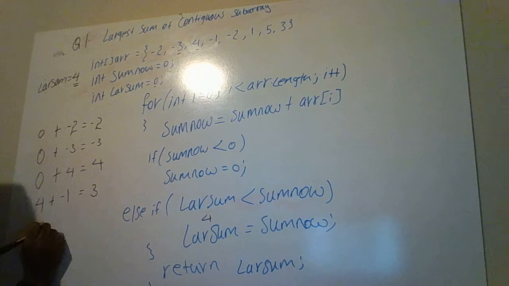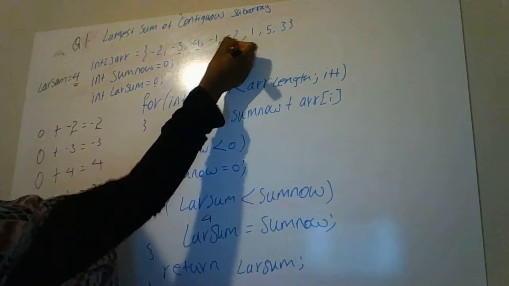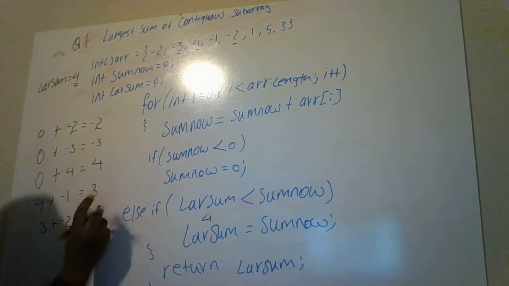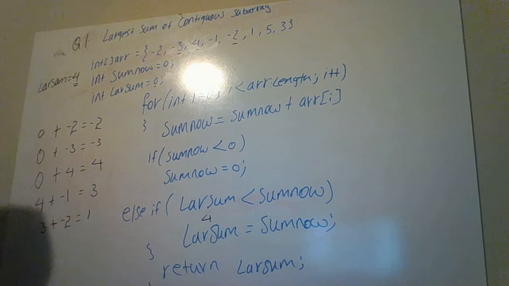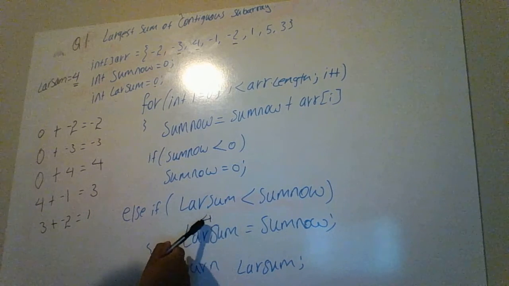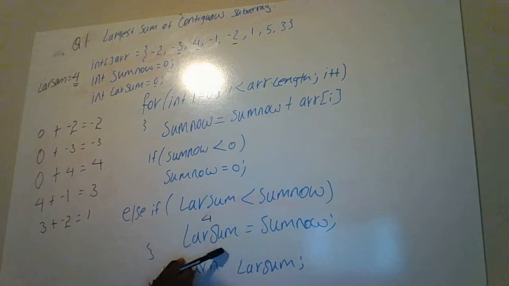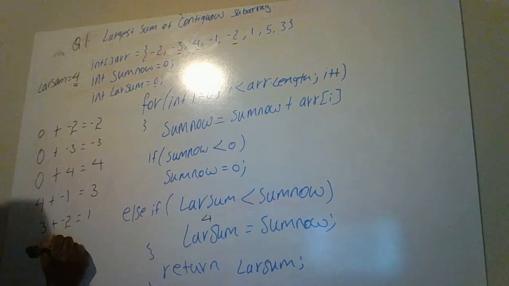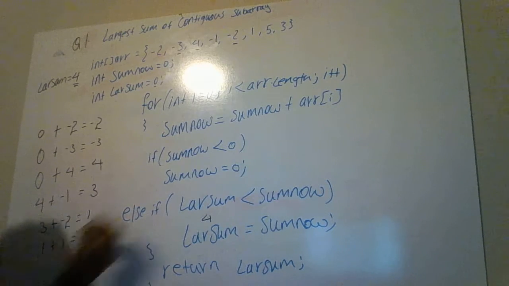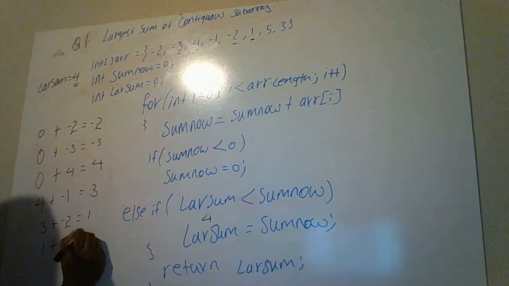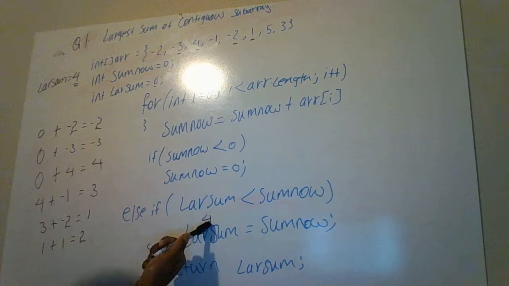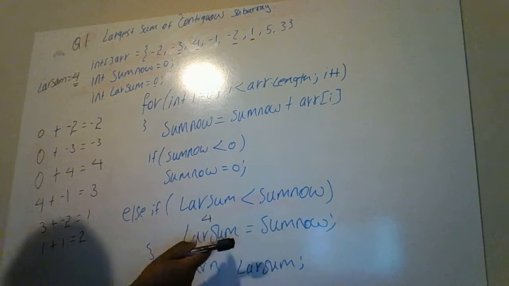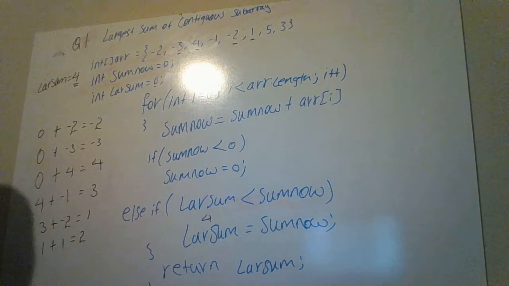We have 3 plus -2, which gives us 1. 1 is not greater than 4, so we still keep our largest sum of 4. 1 plus 1 gives us 2. 2 is not greater than 4, so we're not going to update the largest sum, still keeping it at 4.